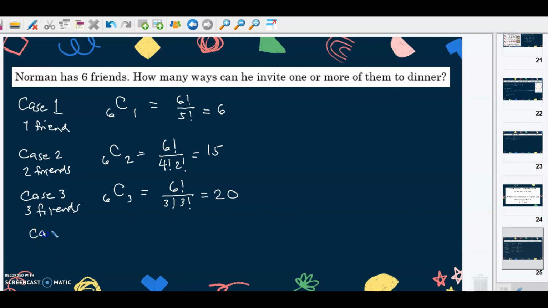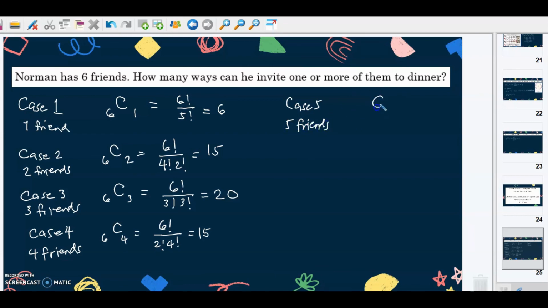For case 4, he invites 4 of his friends. We have the combination of 6 taken 4, which is 6 factorial over 2 factorial, 4 factorial, which is equivalent to 15. For case 5, he invites 5 of his friends. That is the combination of 6 taken 5, which is 6 factorial over 5 factorial, equal to 6.